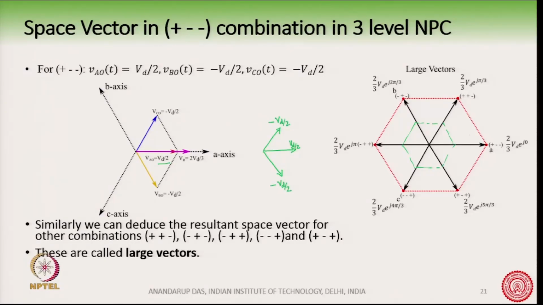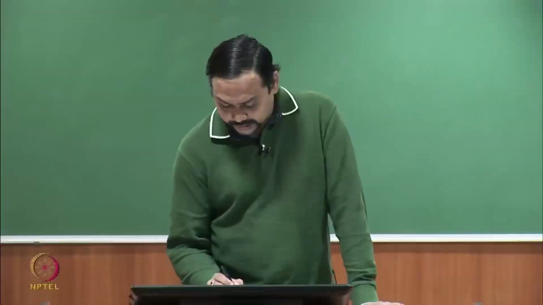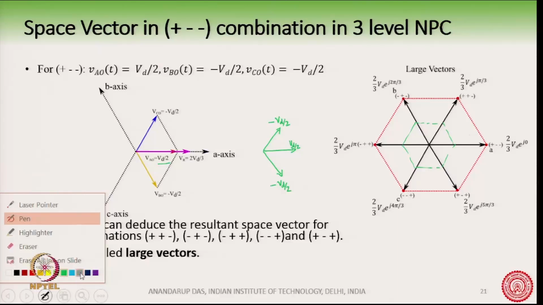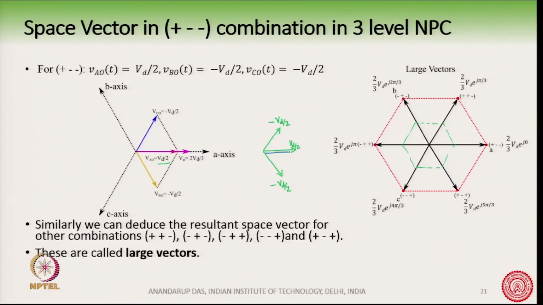If you add these 3, I can write like this here, this and then this and then this. Okay. So, this will give me the resultant Vr, again with a 2/3 multiplying factor, and when you do the multiplication, the magnitude of Vr is 2/3 Vd.